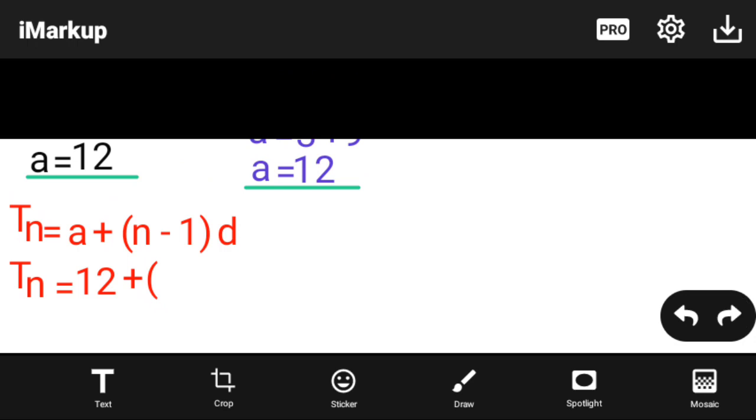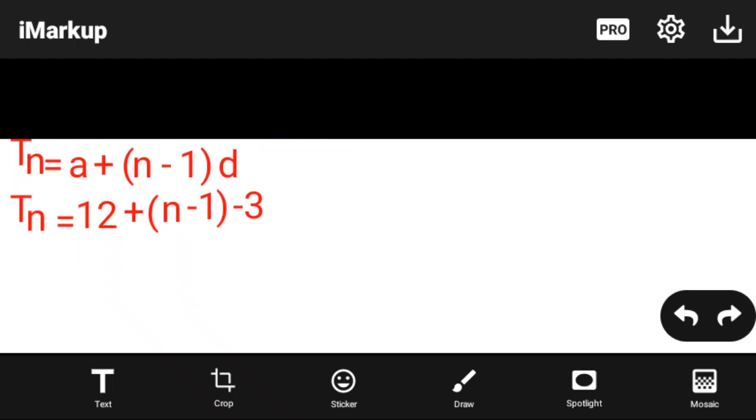Okay, then 12 plus, open bracket, the n there you don't know. We are looking for the nth term, so there is no need of putting an n value there. So we don't know the value for n, so it will be n minus 1, then closed bracket, then the common difference we know is negative 3. Then from there we move on. We'll say Tn is equal to 12, then plus the negative 3 there will multiply the n there.